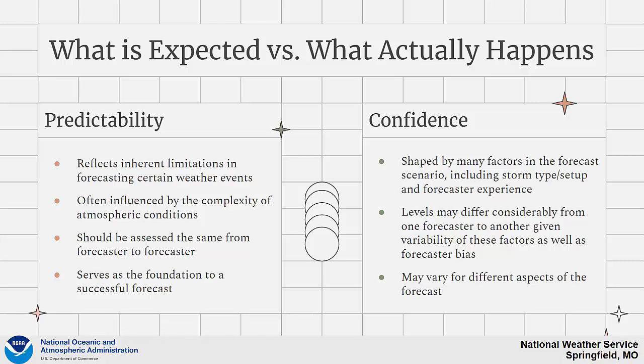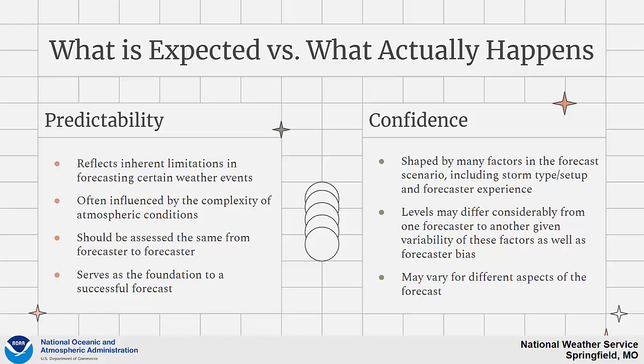So in conclusion, we really try to describe what is expected versus what actually happens. That's what we try to toe the line of. Predictability reflects inherent limitations in forecasting certain weather events. It's often influenced by the complexity of the atmospheric conditions, should be assessed the same from forecaster to forecaster, and it serves as the foundation to a successful forecast. And confidence is shaped by many factors in the forecast scenario, including storm type, setup, and forecaster experience.